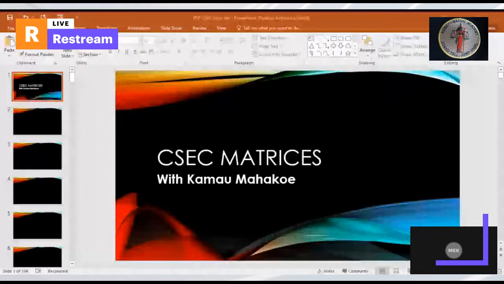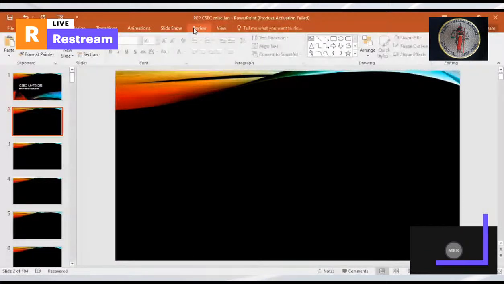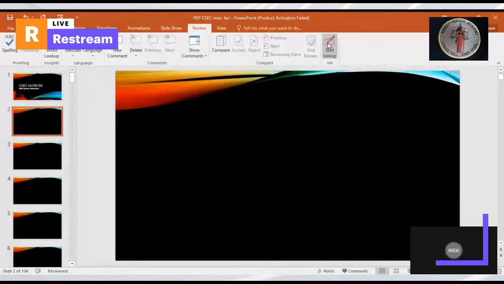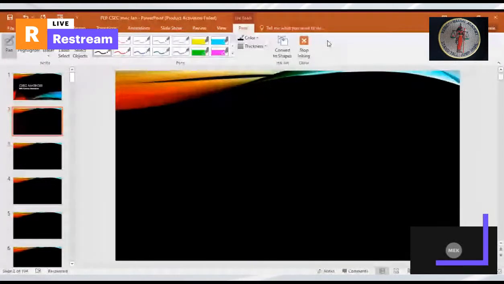All right, so it's matrices, CSEC. And we're just going to do some simple operations here in matrices. So a matrix is a way of writing values, expressing values, and we can express equations.